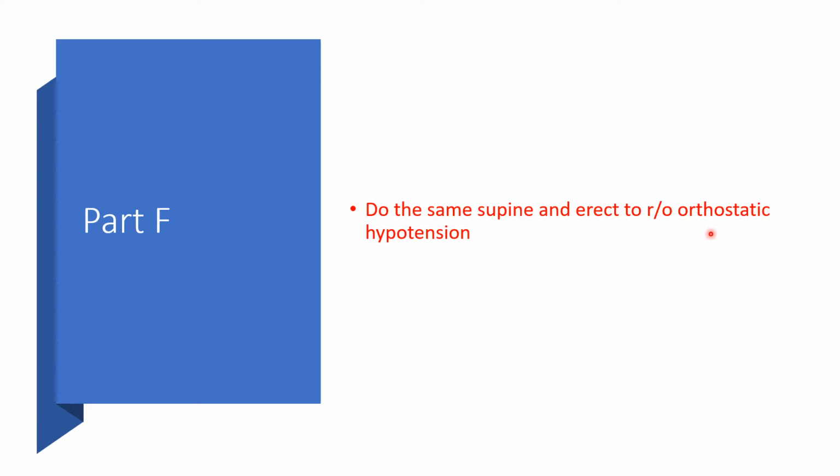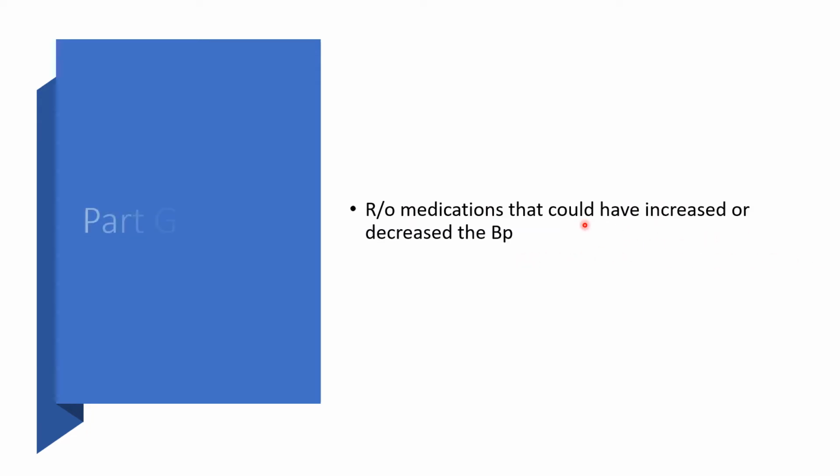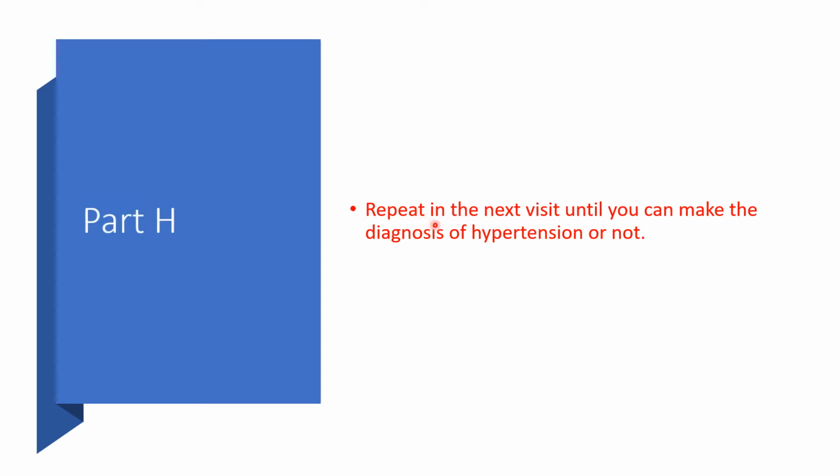With that, we want to rule out orthostatic hypotension. We must rule out medications that could have increased or decreased the blood pressure, even before measuring the BP, by taking a simple history of medications already used. Repeat in the next visit until you can make the diagnosis of hypertension or until you can rule that out conveniently.